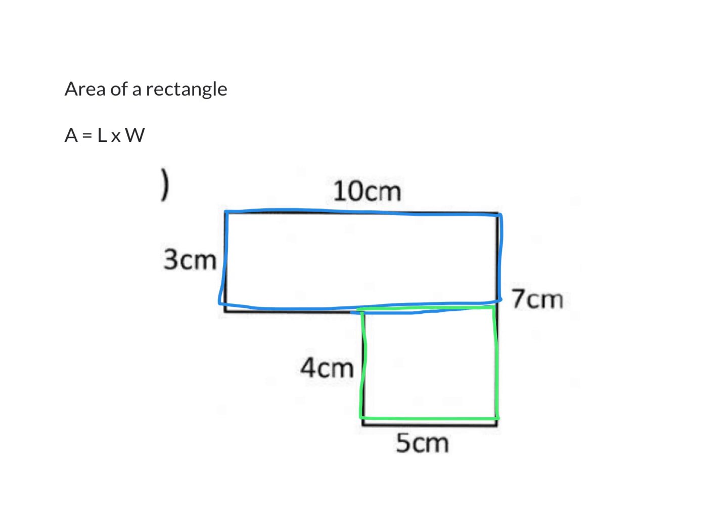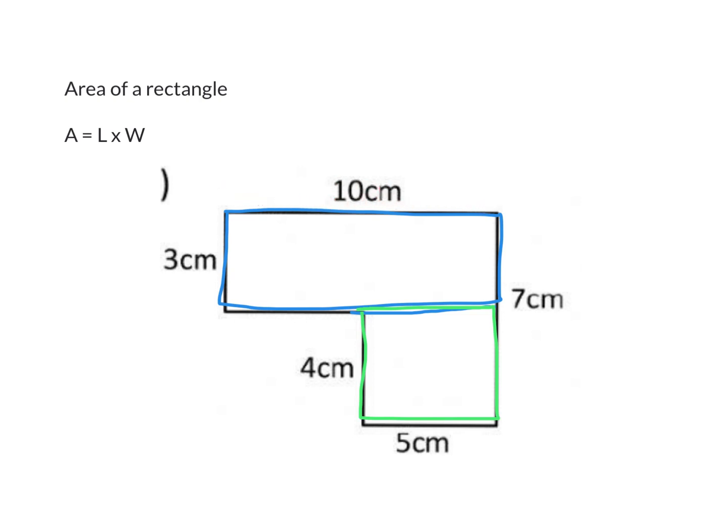Looking, you can see that this 7 here is really for this entire side. This 3 is for this side, and the 10 is for this side.